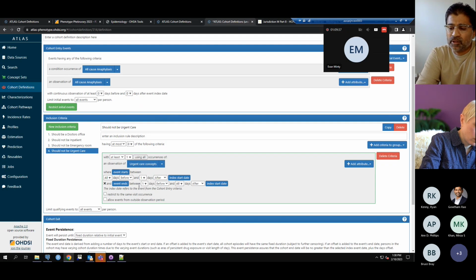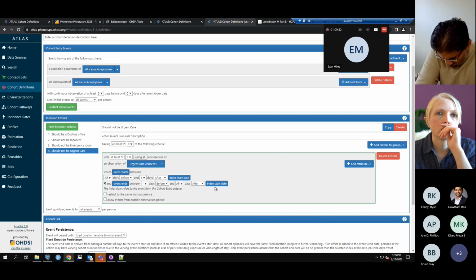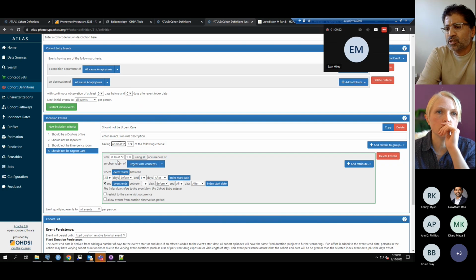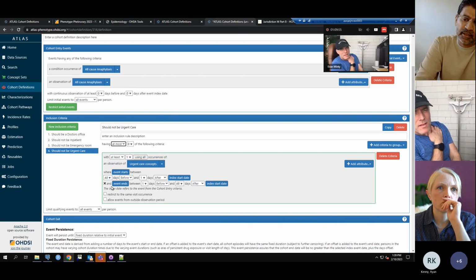That basically captures that: if you have this code yesterday, today, or tomorrow, you are excluded. So the rule resolves to you should satisfy at most 0 of this.